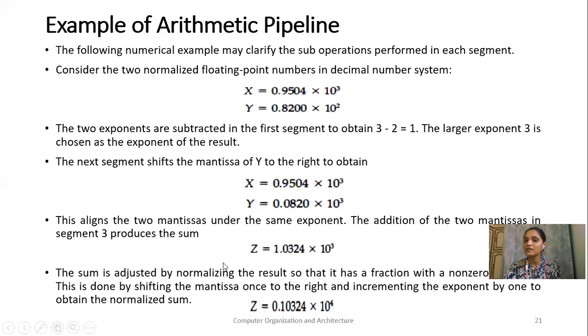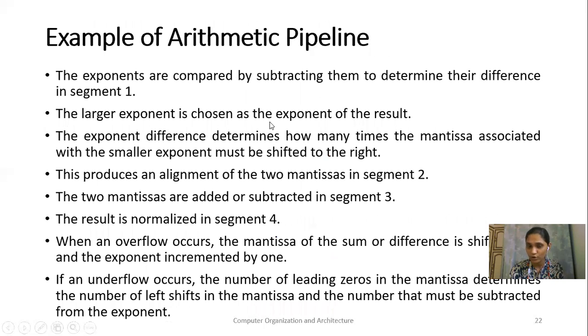In the third segment, you do the addition of the Mantissa terms, and in the fourth segment, you do the normalization operation. So we can divide this task into four segments.